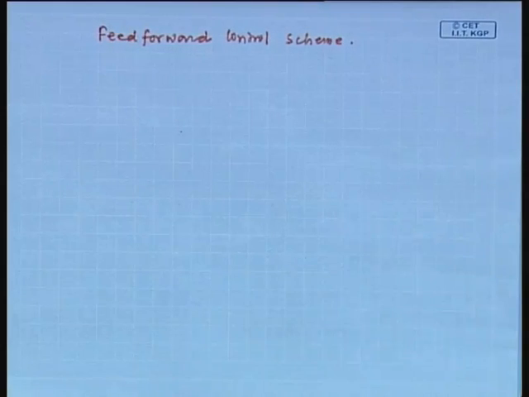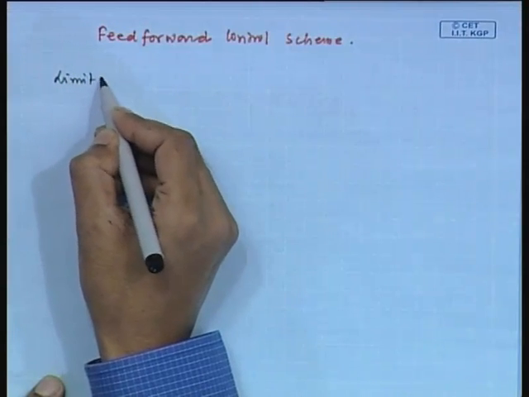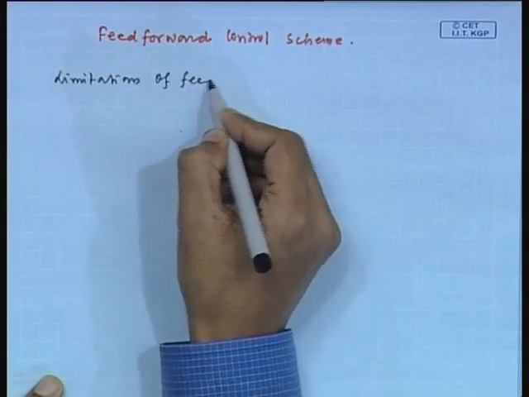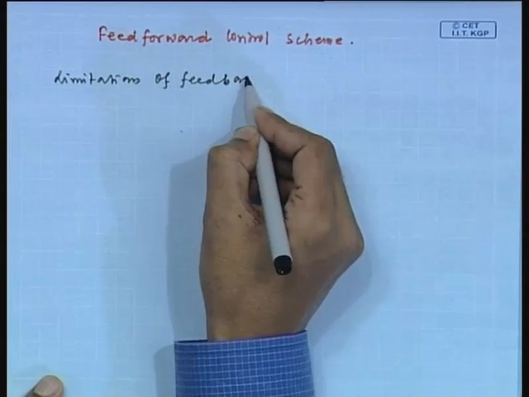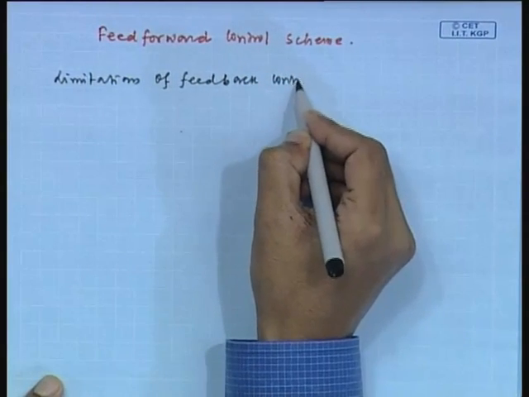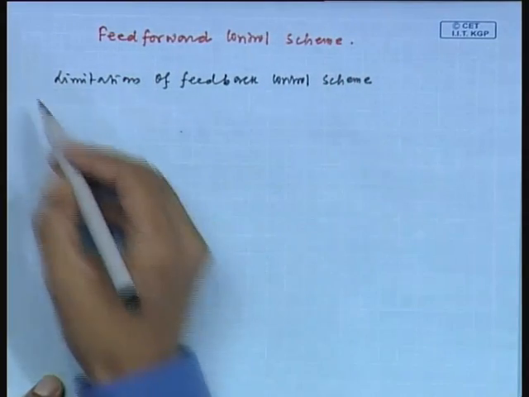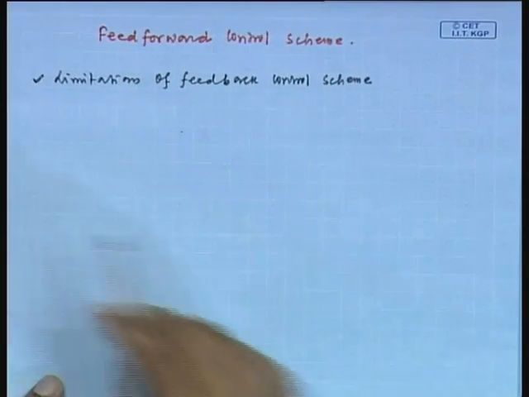Before discussing this, we are interested to know the limitations of feedback control schemes. Fine. Then we will proceed to discuss this feed forward control scheme. So, what are the limitations of feedback control scheme? This point we wish to discuss.